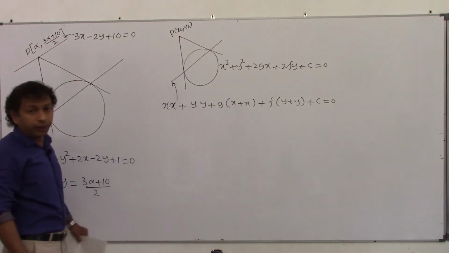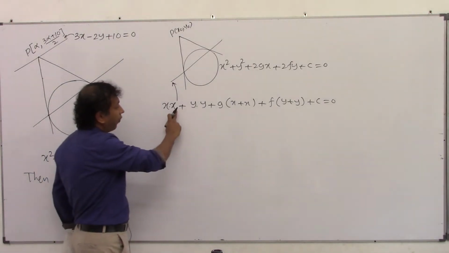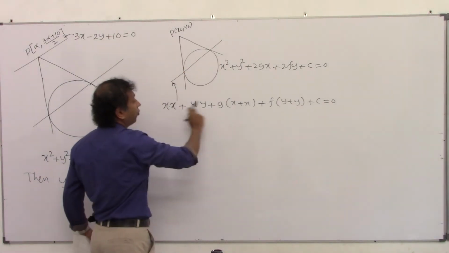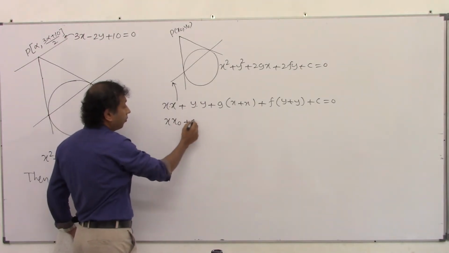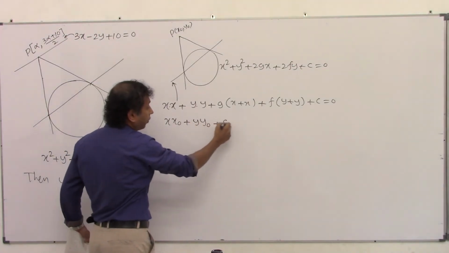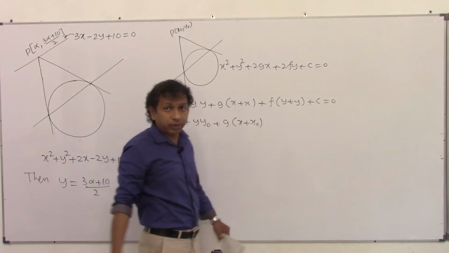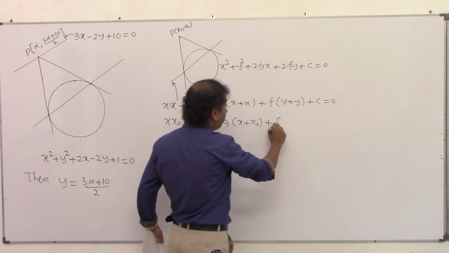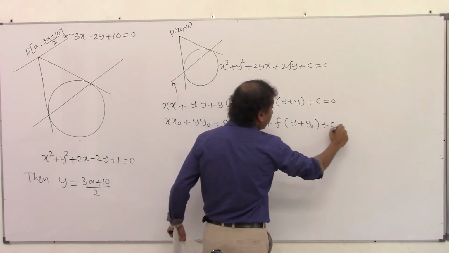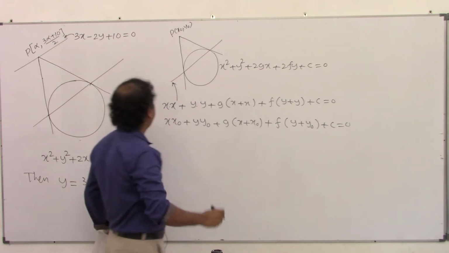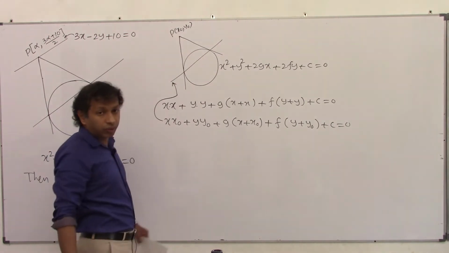Now, I put x naught for one x and y naught for one y. So then we get x x naught plus y y naught plus g times (x plus x naught) plus f times (y plus y naught) plus c equals 0. This is the equation of the chord of contact.